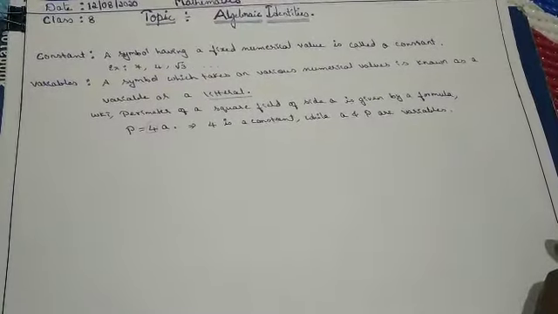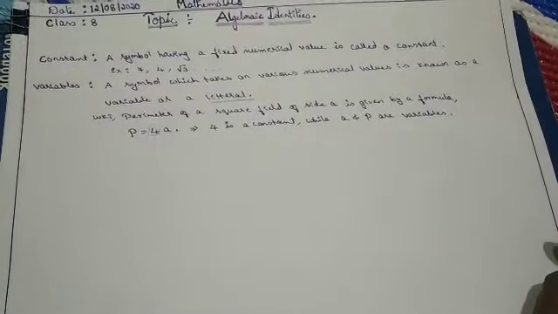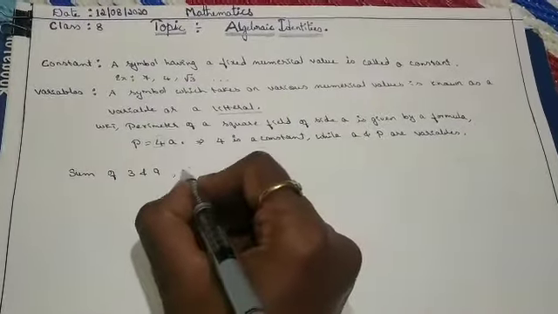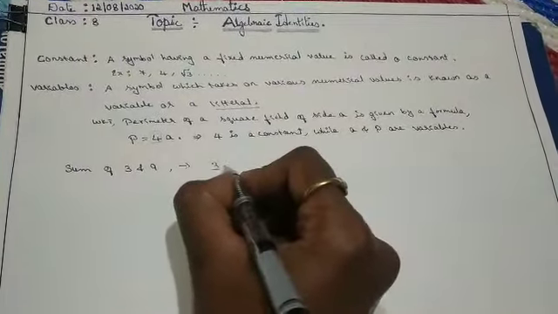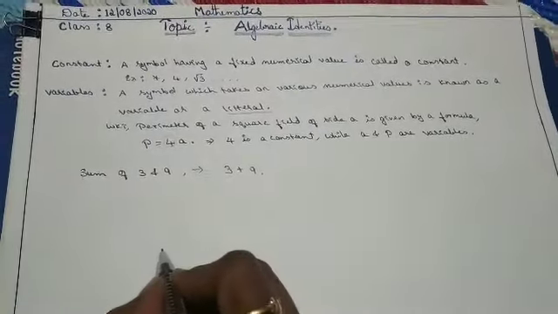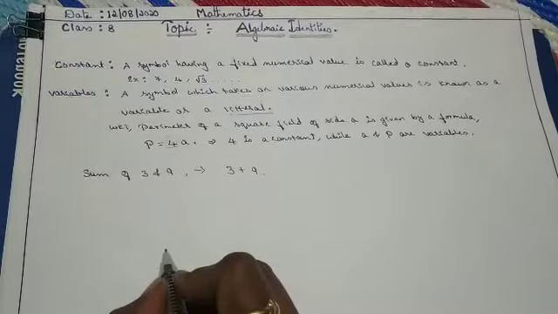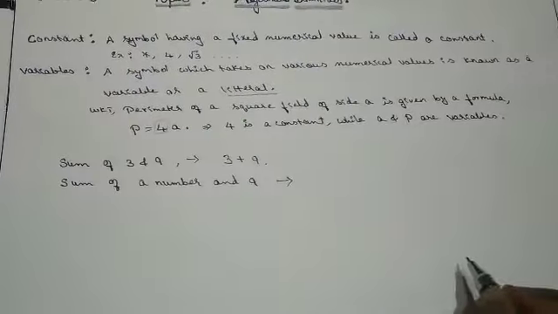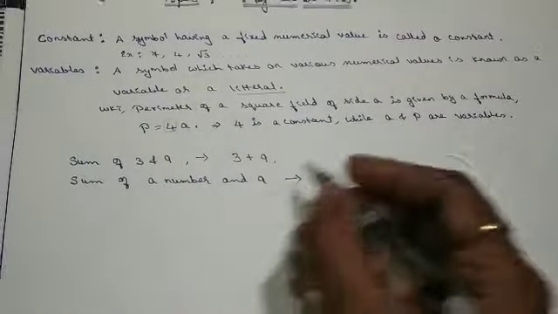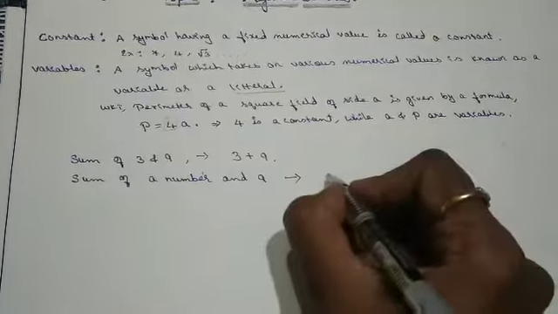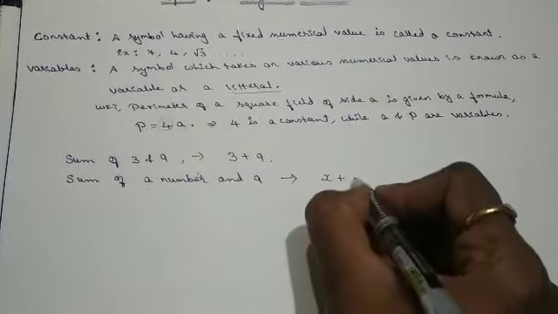By knowing these two, constants and variables, we can frame the definition for algebraic expression. If I see the sentence, sum of 3 and 9, it is nothing but 3 plus 9. With another sentence, sum of a number and 9, we don't know what that number is, so we can take it as x plus 9.